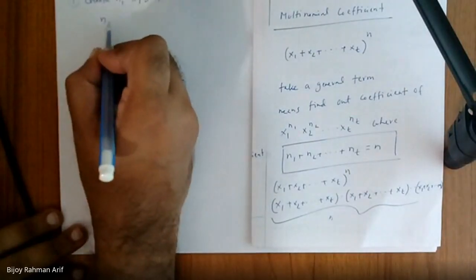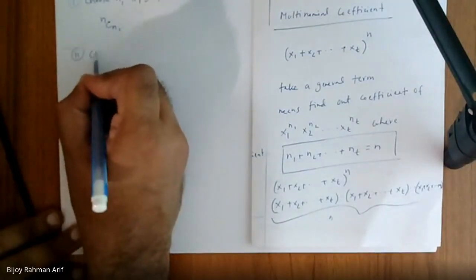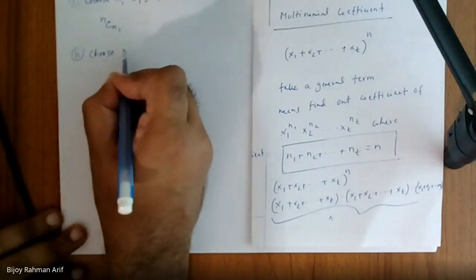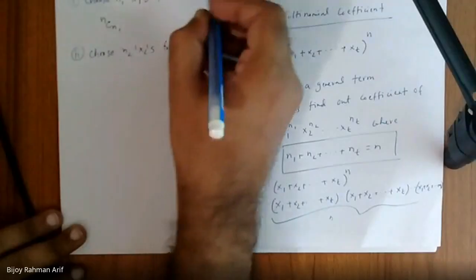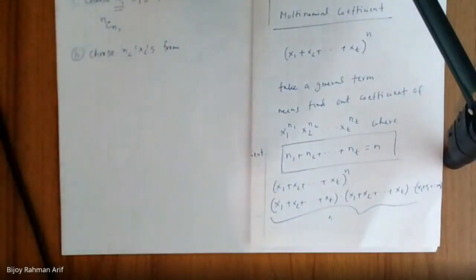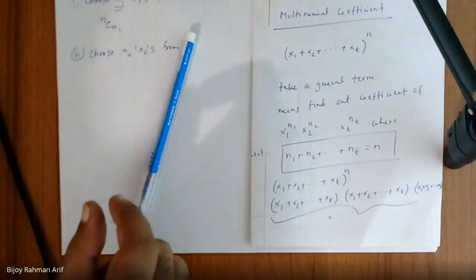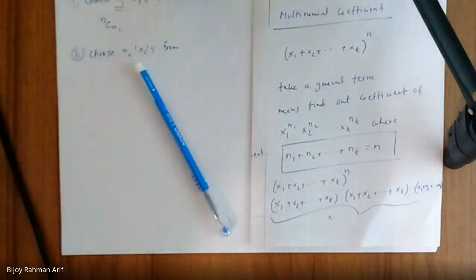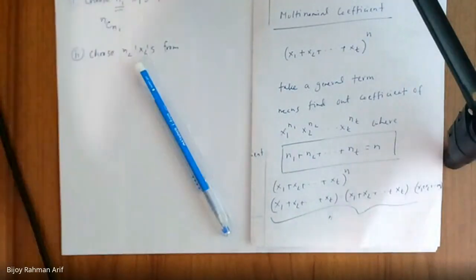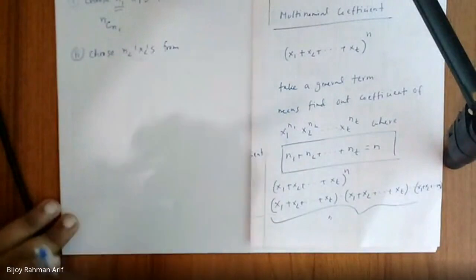N C N1. Now, number two. Choose N2 X2s from, we have already chosen N1 out of N. So how many remain?